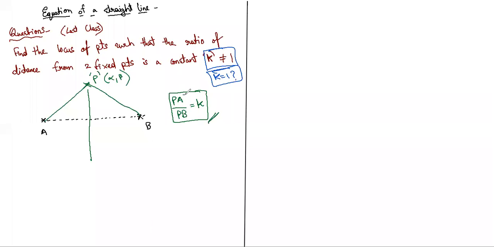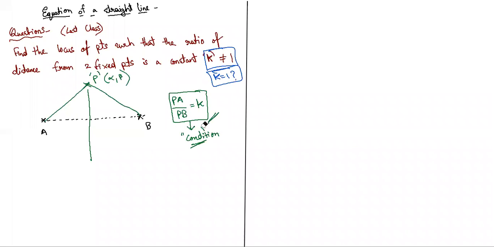So A and B are two fixed points and P is a variable point. Now we want to find the locus of P such that it follows this condition. Does everyone agree? Is this the condition mentioned in the question? You didn't say that k should not be equal to 1.